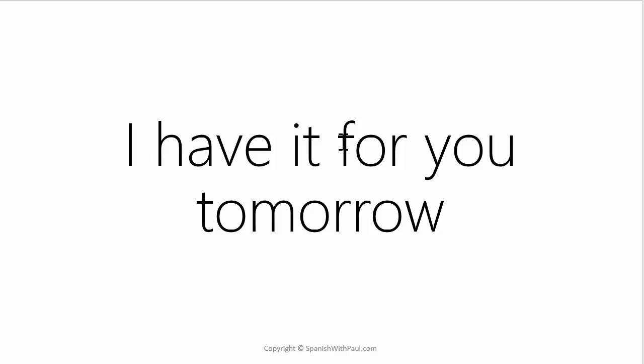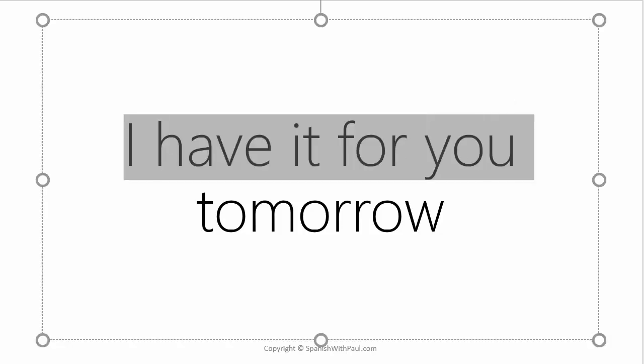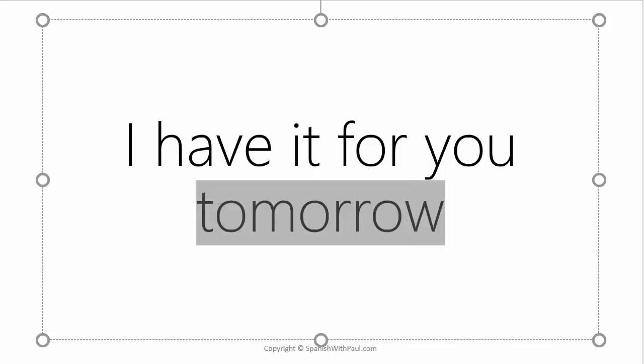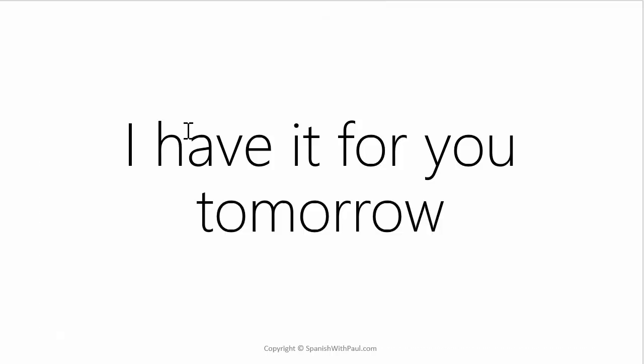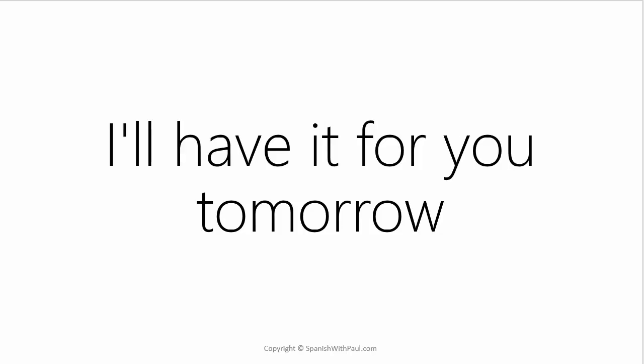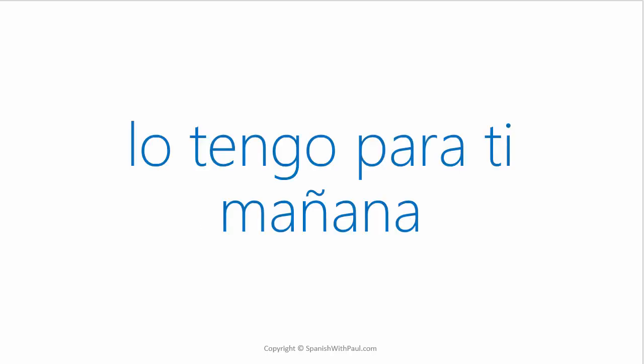We have the present tense, I have it for you, but we're tagging on some type of time frame in the future. And this is grammatically correct in Spanish, using the present tense to express something that's going to happen in the future. So, how would you say this now? I'll have it for you tomorrow. Lo tengo para ti mañana.